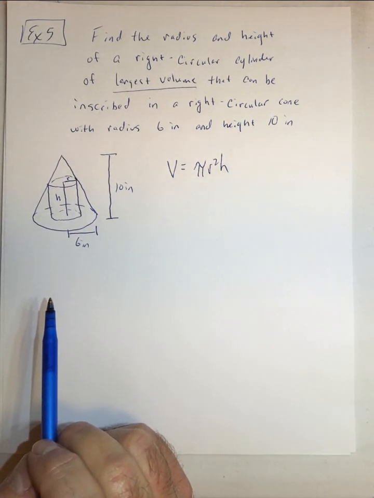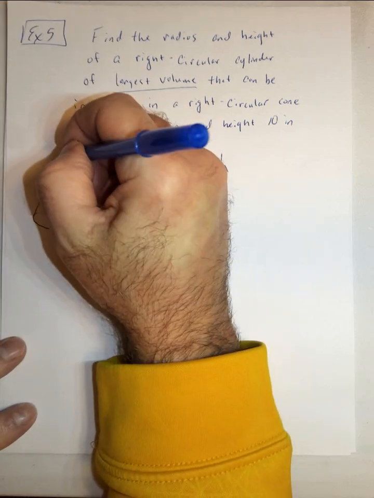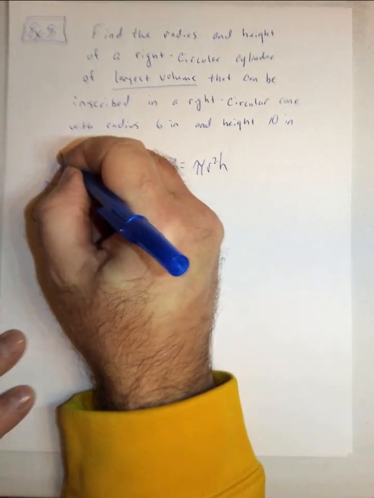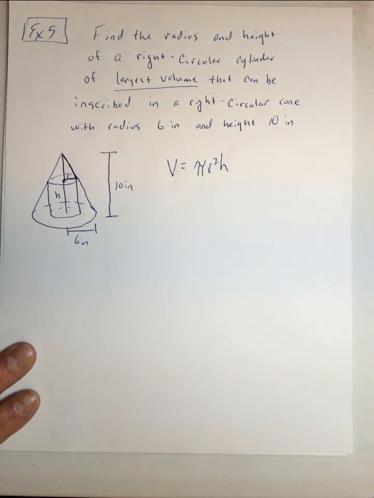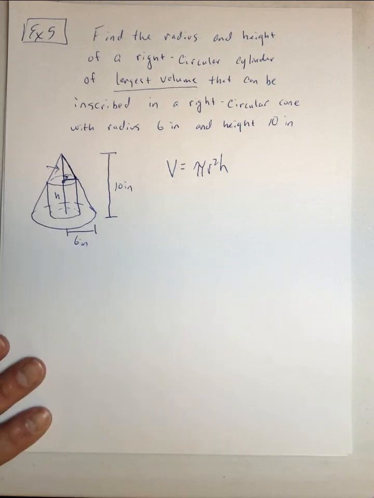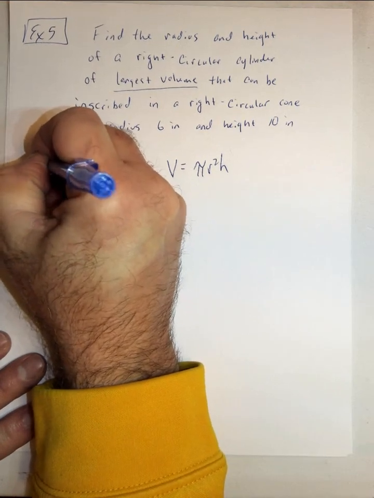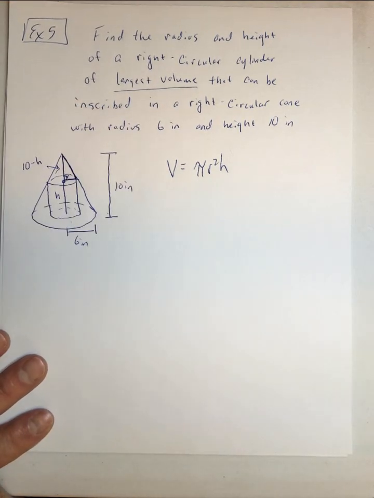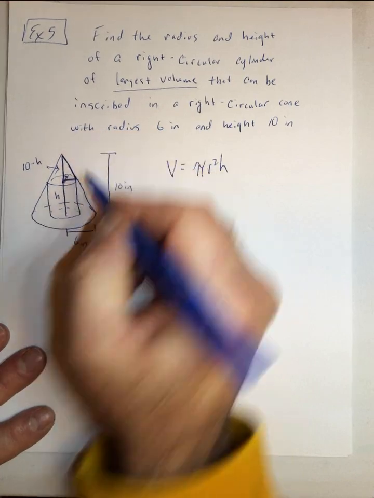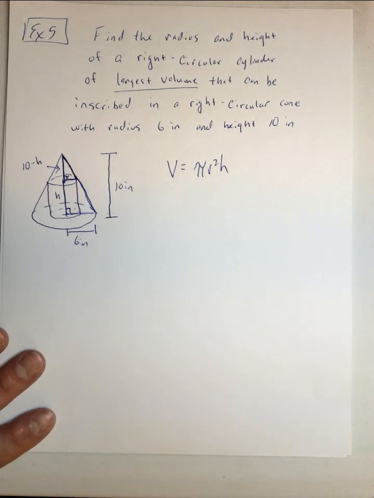And the answer, again, there's a bunch of different possibilities here, but if we were to take a look at dropping down to this point right there, what we have is this particular plane section is a right triangle, and this height right here is 10 minus h, and we have a relationship here between this triangle and the big right triangle, to where we have a couple similar triangles.